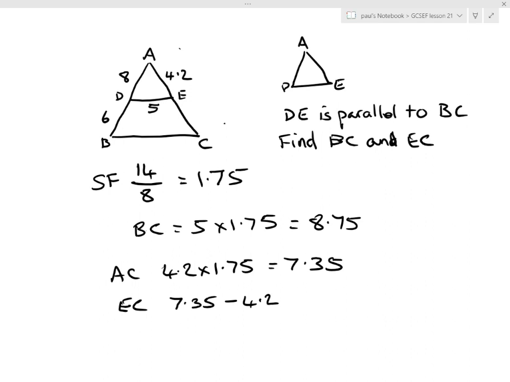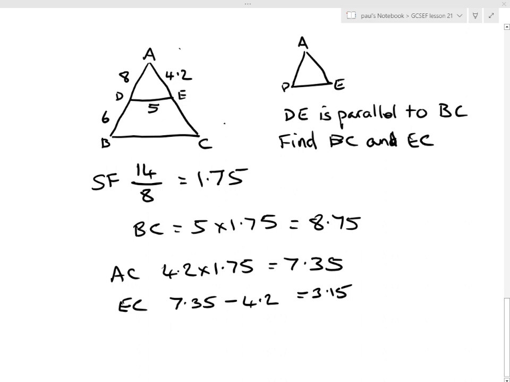And what's that? 7.35 minus 4.2 is 3.15. Excellent.